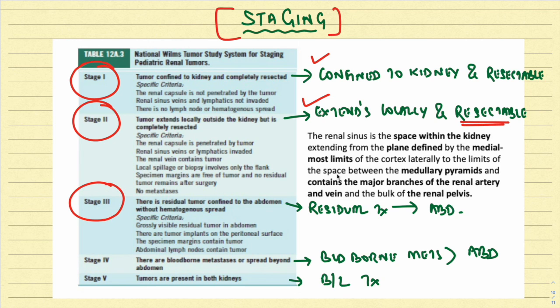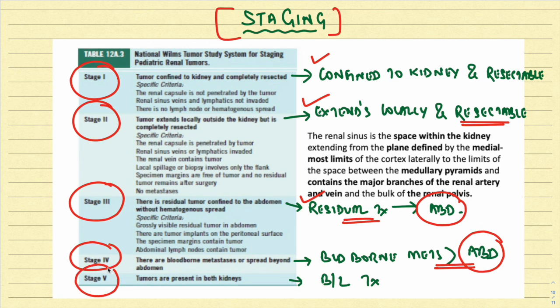Stage 3 is when there is a residual tumor left, and the tumor is confined to the abdomen without any hematogenous spread. Stage 4 is when there is hematogenous spread or metastasis beyond the confines of the abdomen. And the last stage, stage 5, is when the tumor is present in the bilateral kidneys.